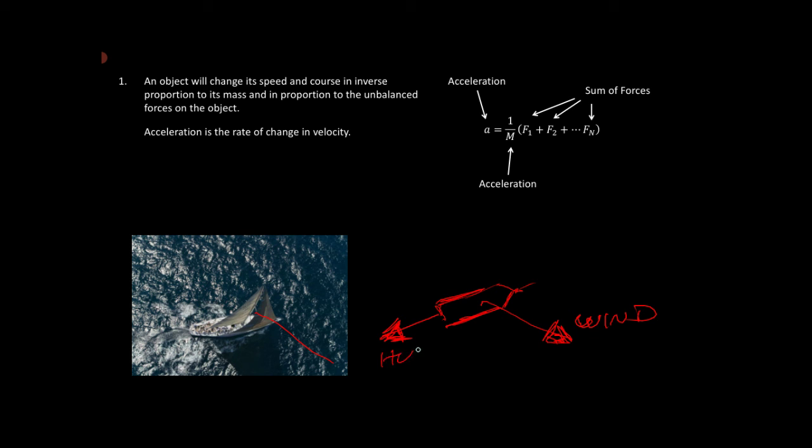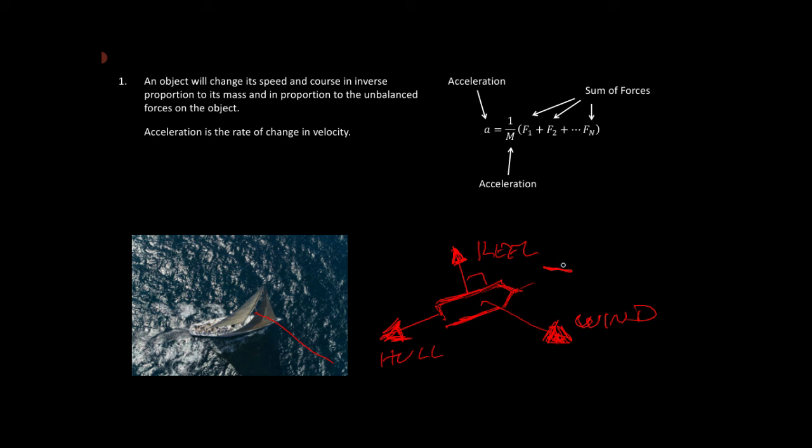So you have a hull drag, which is in the opposite direction of the velocity. But the keel is always perpendicular to the boat, and that's always going to stabilize it somewhat from the push of the wind. So we've got some hull pulling it back, and some keel keeping it straight, but not completely.